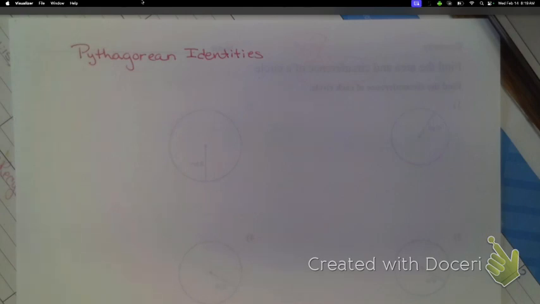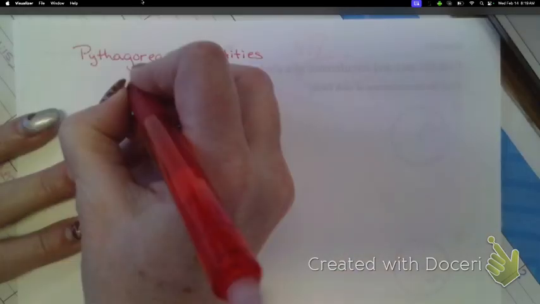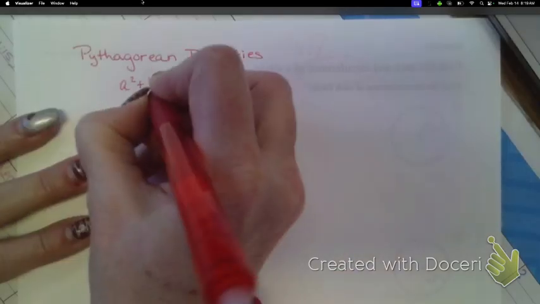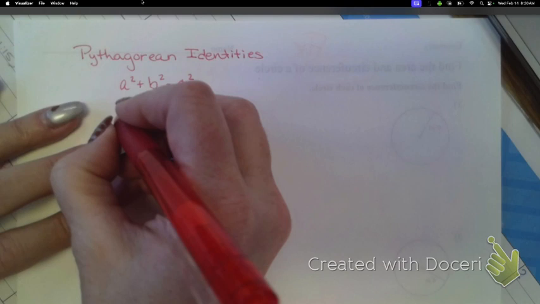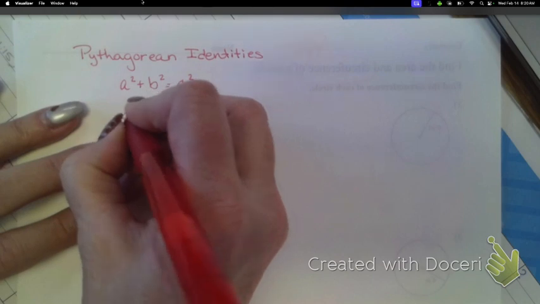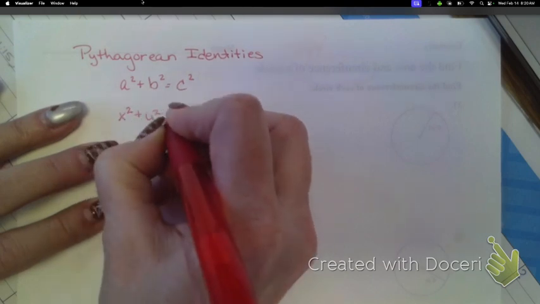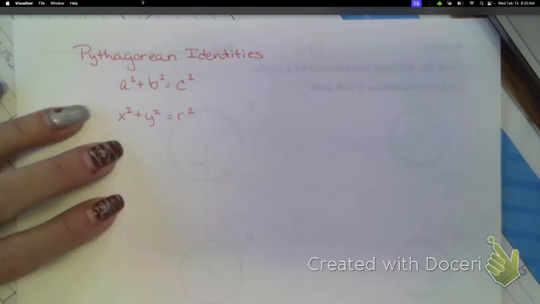Okay, so the next thing we're going to work with are the Pythagorean identities. We talked about how the Pythagorean theorem, which is a squared plus b squared equals c squared, is the same as the equation of a circle, x squared plus y squared equals r squared. Remember talking about that?